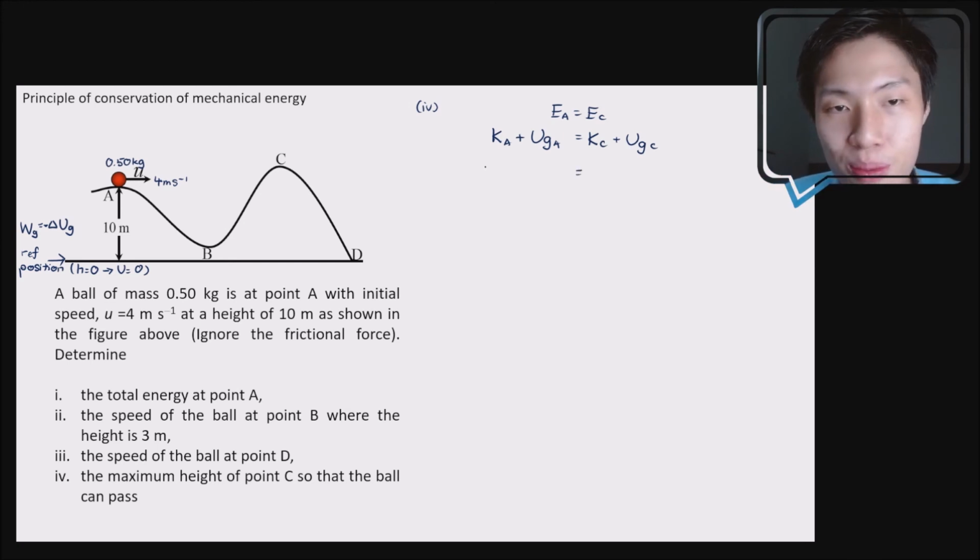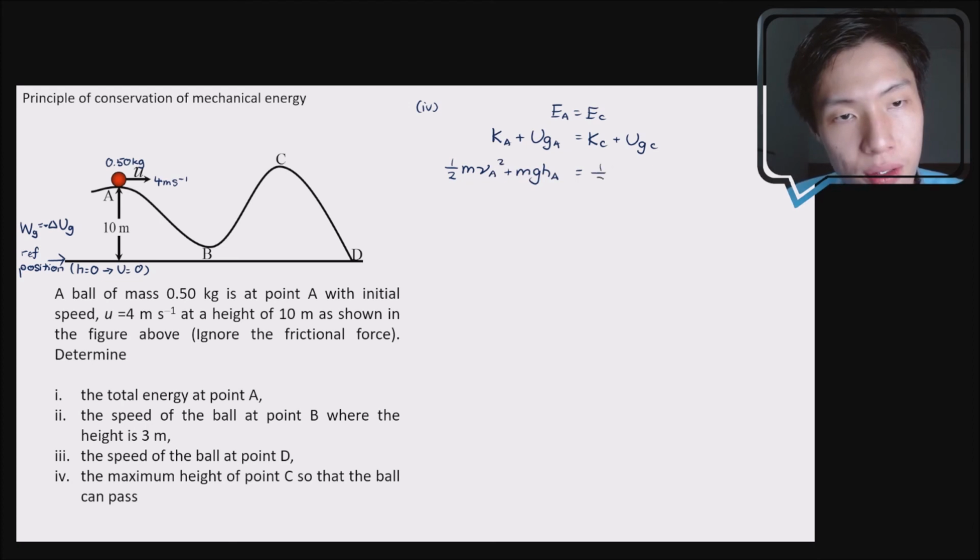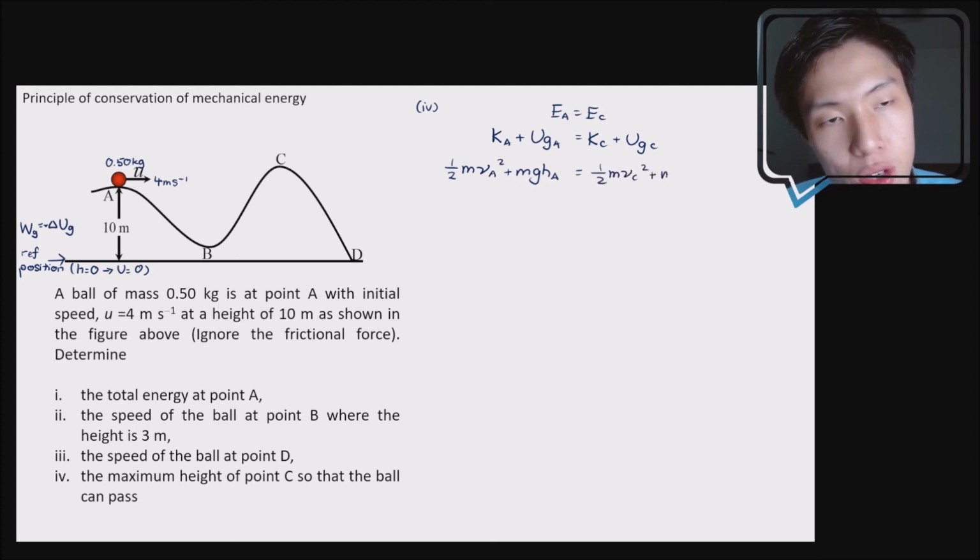So now we bring in the formula for each of the energies we have here. This is half mv_A squared, then you have mgh at point A, then you have half mv_C squared plus mgh at point C. Okay, so now let's do our substitution.